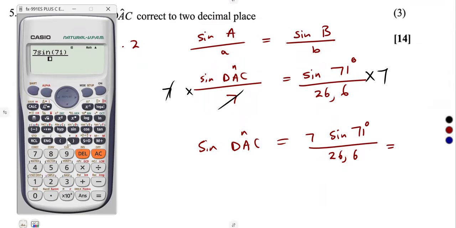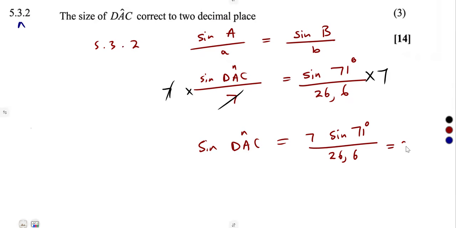If you want to use the exact value, this is what you do. Recall, you press where you stored it, either A, B, or C. So recall A. This is the exact value because I used the stored value, 0.24 and so on.